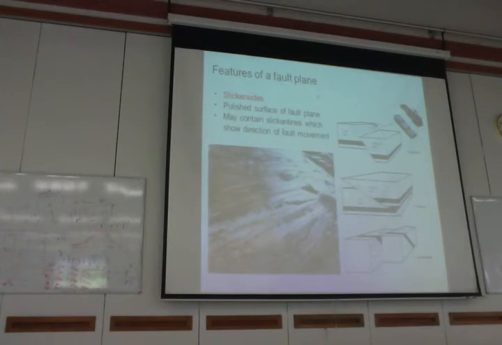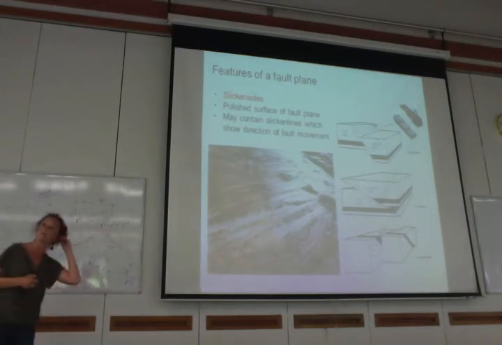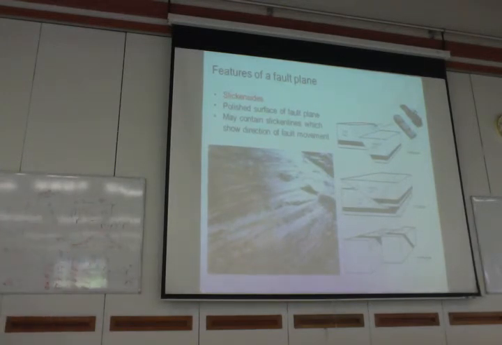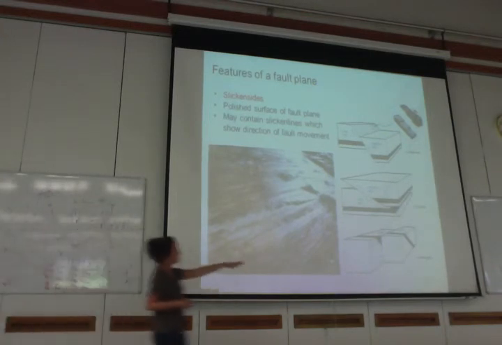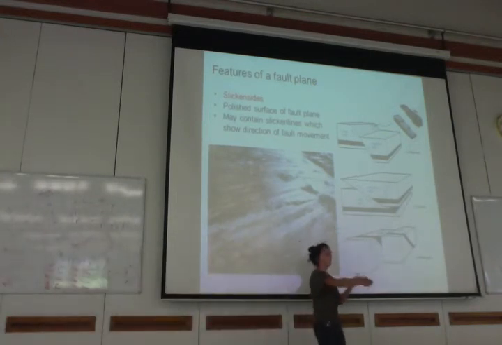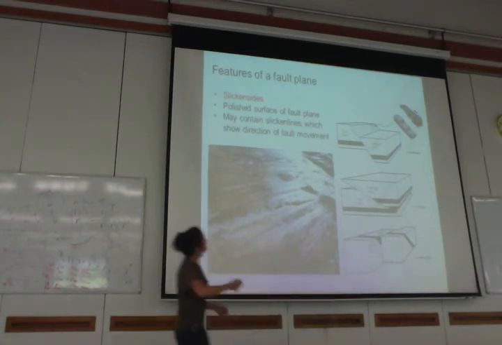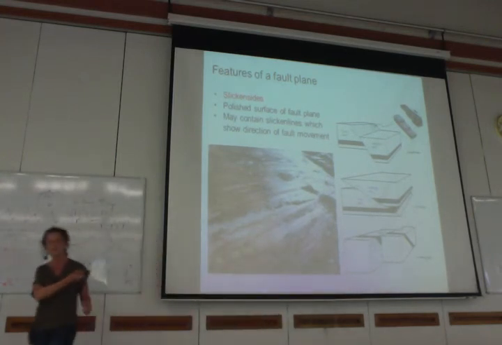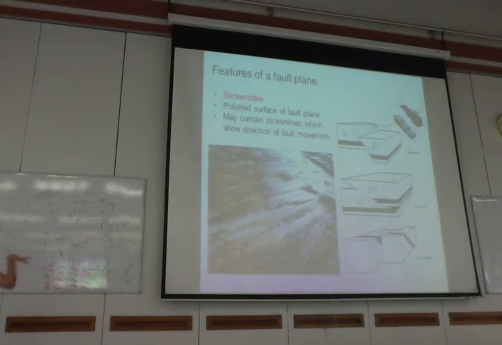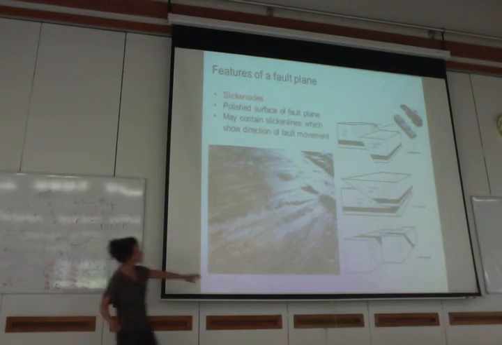And just to finish off, it's going to be a short lecture today. Tomorrow we're going to start talking about faults. But actually along this fault plane, so the plane along which this movement happens, you can get some really nice features that can tell you something about the direction of movement in the past. And one feature is called a slickenside. So this is the polished surface.